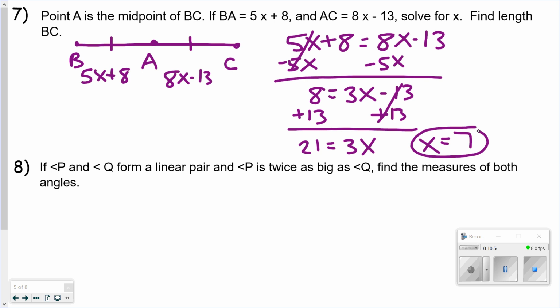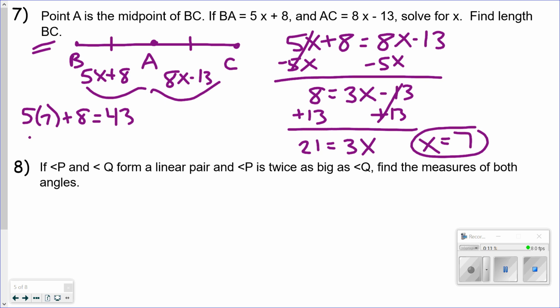We're not done. We want to find the length of BC. So BC is this entire segment. So I want to plug 7 back into both of my equations. So if I have 5 times 7 plus 8, I end up getting 43.